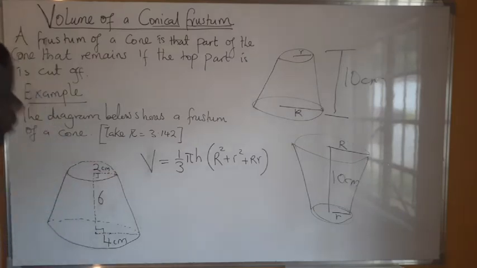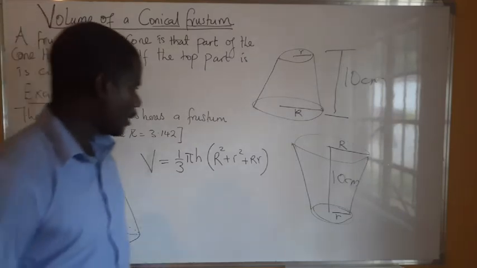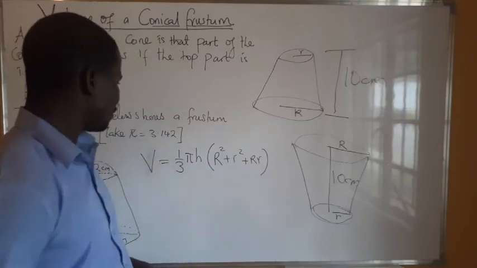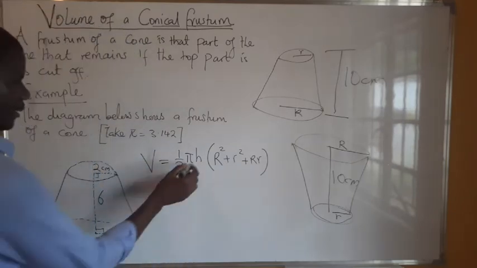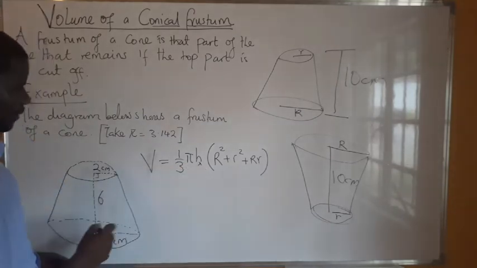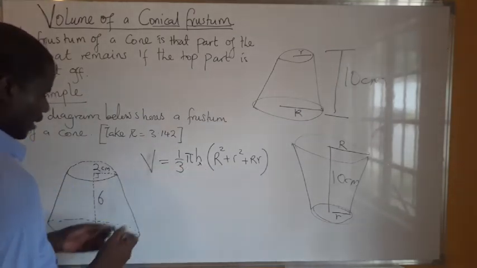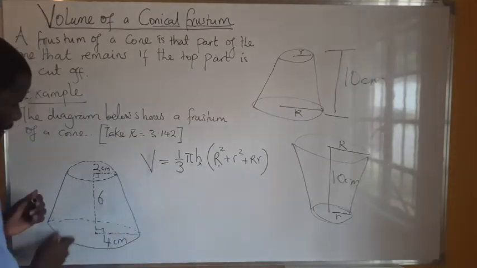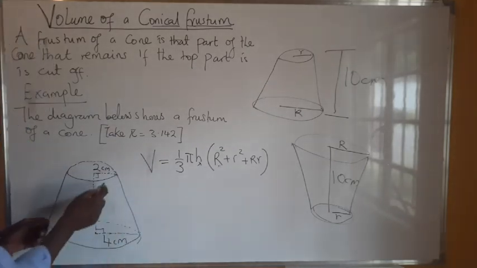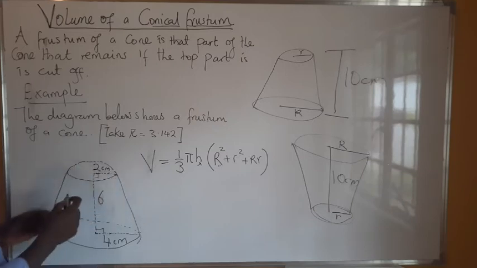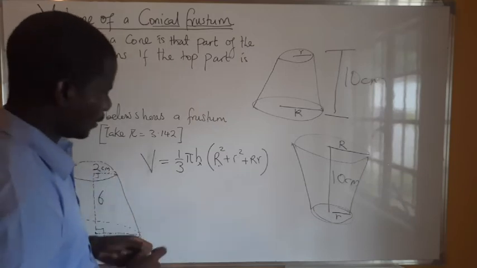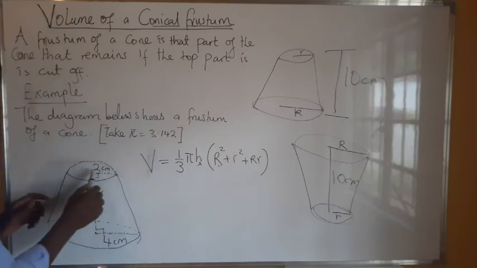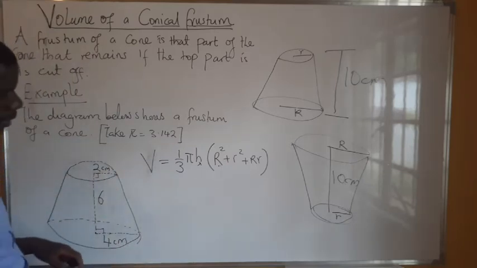Those are the three characters that we need to find the volume. We need the height, which is given, and the radii of the bigger circle at the bottom and the smaller one at the top.